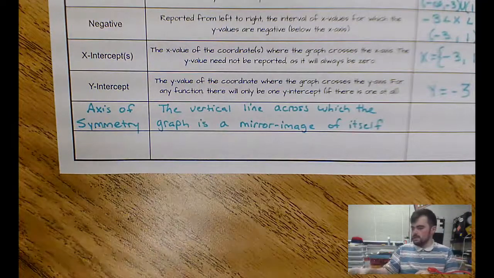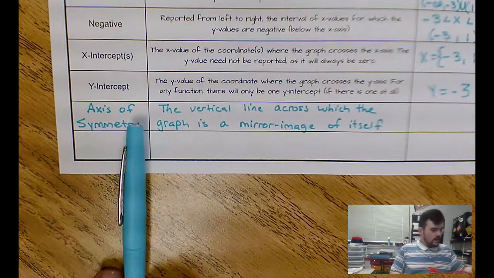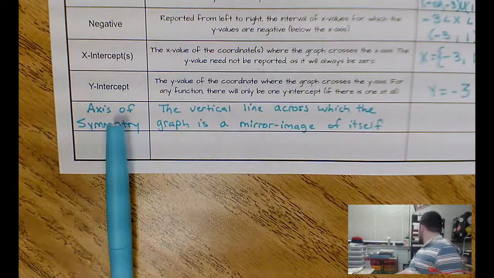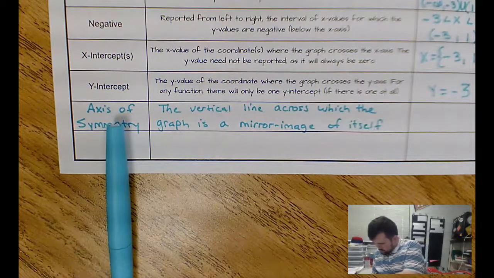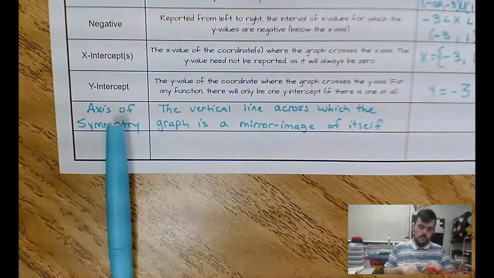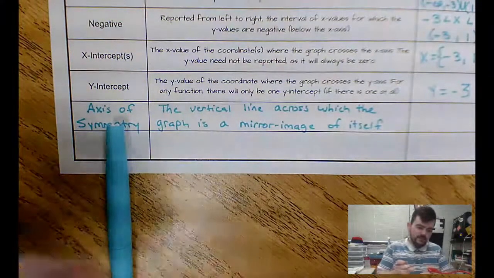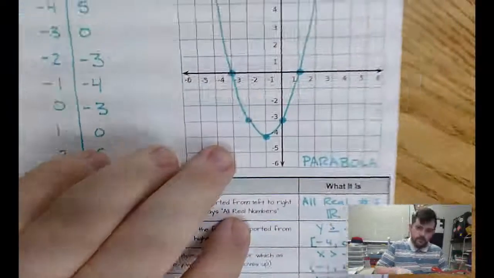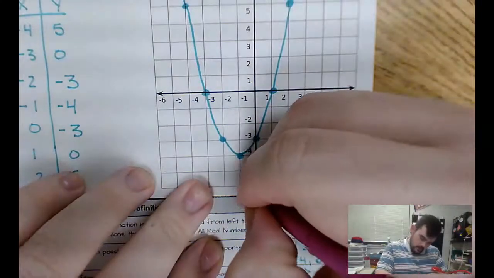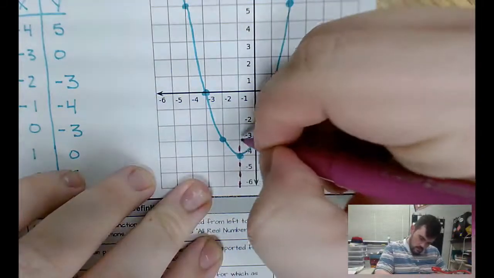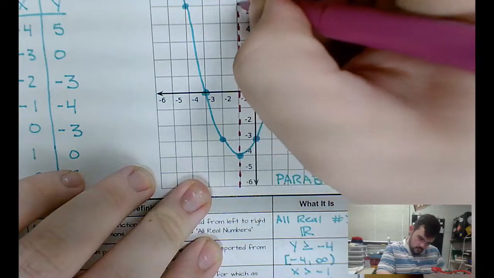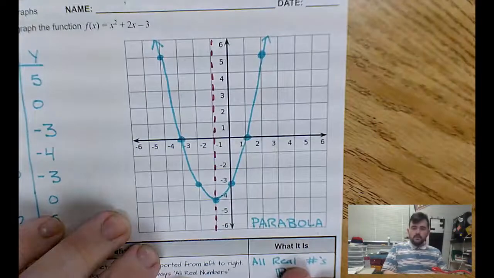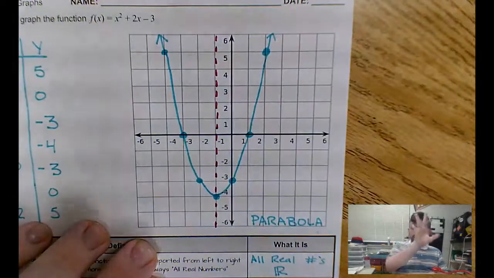Now let me get a different color here so I can distinguish. The axis of symmetry is this vertical line. That is the vertical line across which I could take my parabola and fold it.